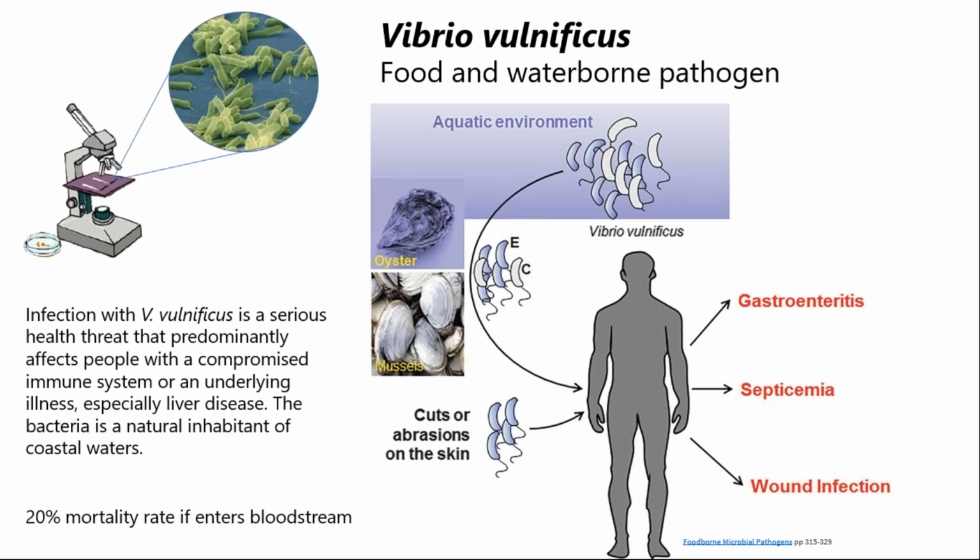I've got some personal affiliation with this one. One of the bad actor microbes in this region is called Vibrio vulnificus, and it can cause gastroenteritis. But if it gets into the body, they say there's about a 20% mortality rate, as opposed to just staying in your GI tract. It's prevalent here in the Chesapeake Bay region.